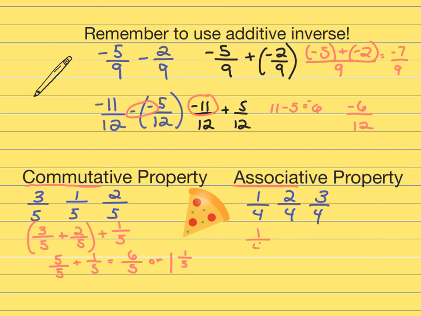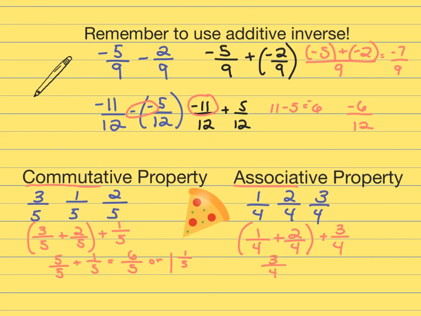I kind of like the idea of grouping 1/4 plus 2/4. So I've put those in a group using parentheses. I like it because when I add the numerators, 1 plus 2, it equals 3. And then my other fraction also has a numerator of 3.